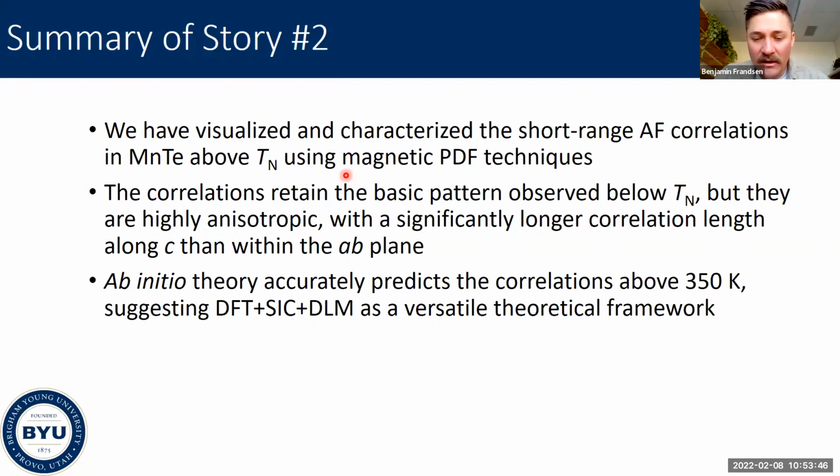But the key point is, using magnetic PDF techniques, we've been able to obtain a real space picture of these short-range antiferromagnetic correlations in manganese telluride, which are responsible for the promising thermoelectric properties of manganese telluride. So once again, it's the short-range local correlations which are important for the global properties of interest.